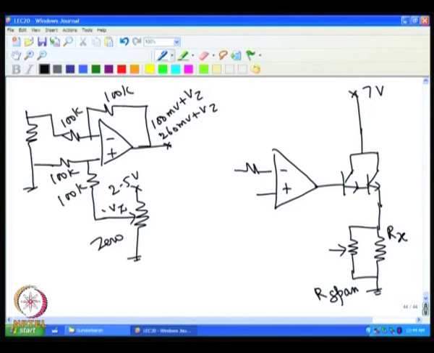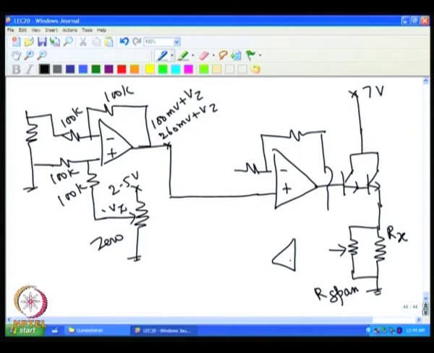Then if this voltage increases, we want the current to be increased. So, I can connect this to this point. In the first case I can connect this to the voltage of this one, but we do not want a voltage loss across this.